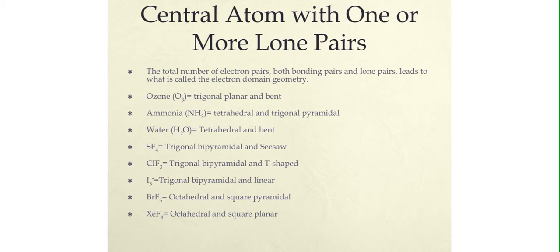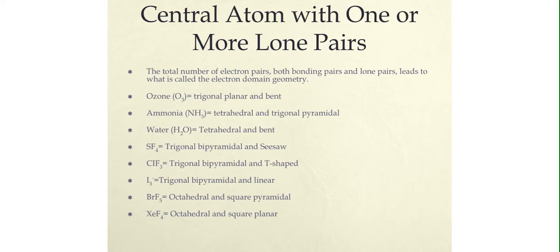When you have 4 total electron pairs, 3 of which are bonding and 1 is a lone pair, you have a tetrahedral electron domain and trigonal pyramidal molecular geometry. If you have 2 lone pairs with 2 bonding pairs, you are tetrahedral and bent. If you have 1 lone pair with 4 bonding pairs, you are a distorted tetrahedron, also known as a seesaw.